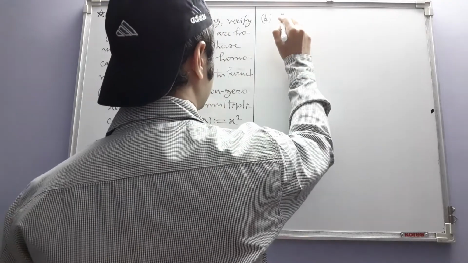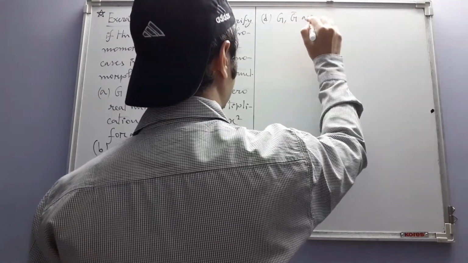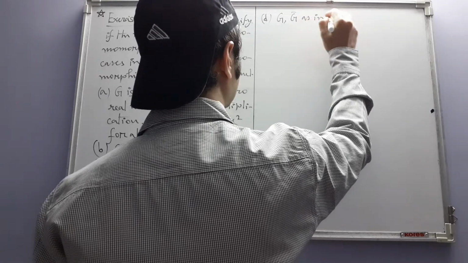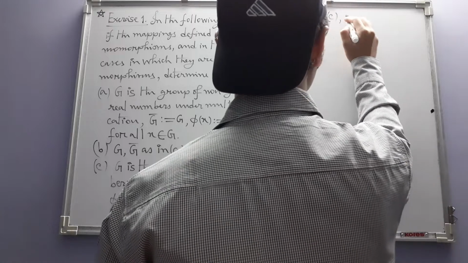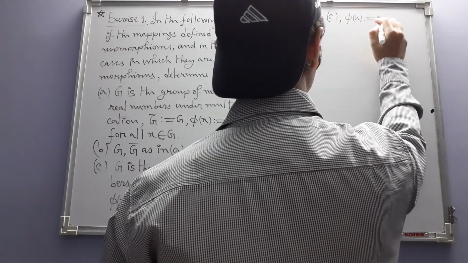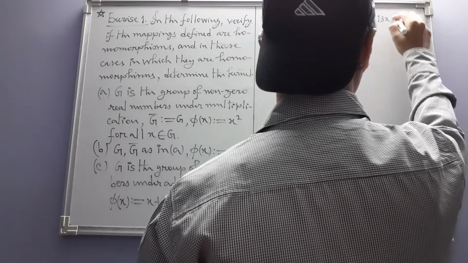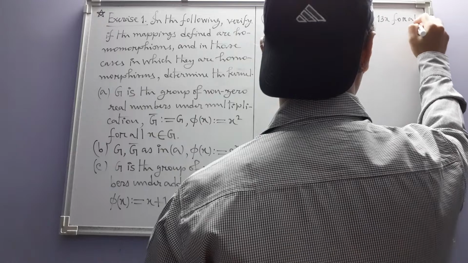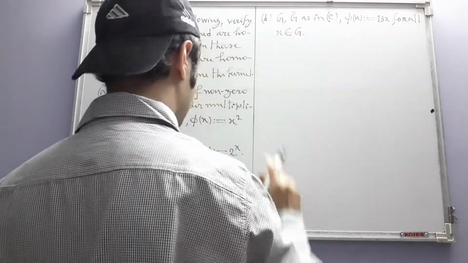In part D, the groups G and G bar are the same as in part C, and the function phi maps x onto 13x for all x belonging to G.